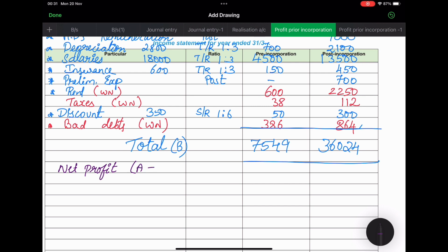By A minus B. So one part, the pre-incorporation part, will be transferred to, obviously, capital reserve, and post incorporation will be transferred to P&L account, or we can write it as P&L appropriation account as well, no issues.